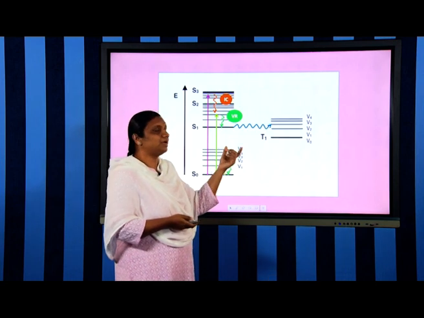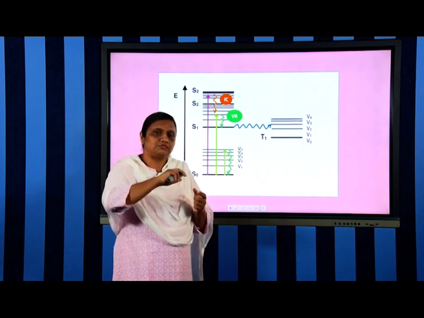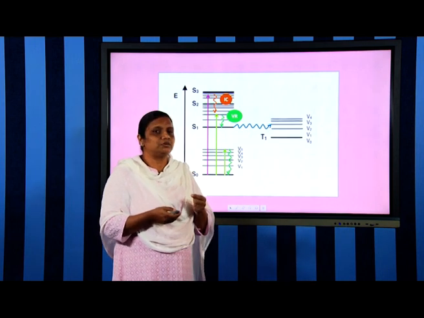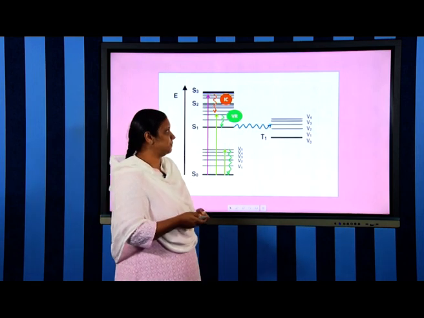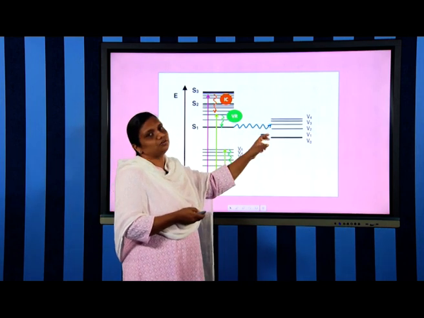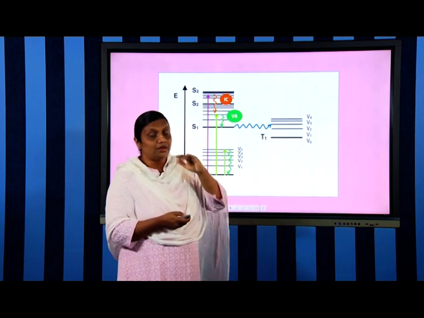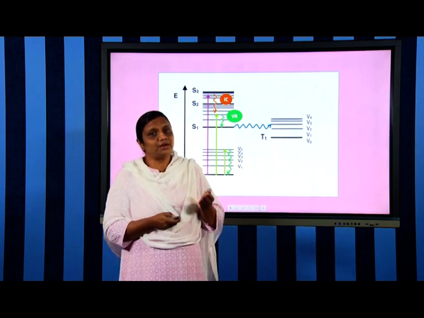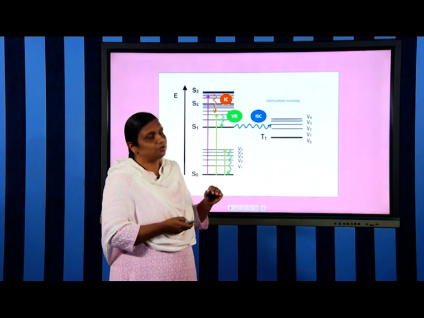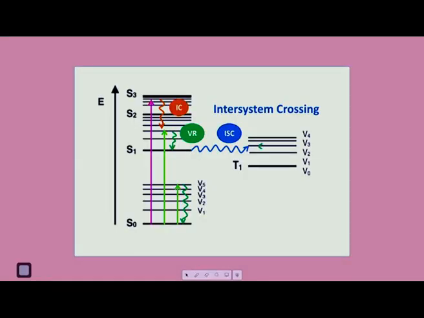Now, this is a quantum mechanically forbidden process because of the spin flipping, but it happens because we include the vibrational and rotational energy modes there. Once the electron reaches the higher vibrational level of the triplet excited state, from there again it can undergo internal conversion, vibrational relaxation, from the higher vibrational level of the triplet state to the lowest vibrational level of the triplet state.